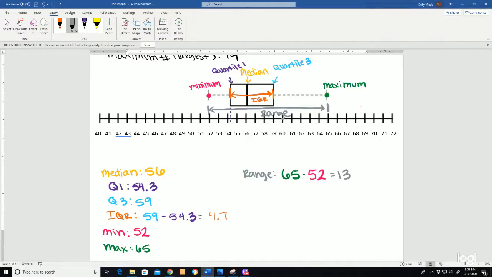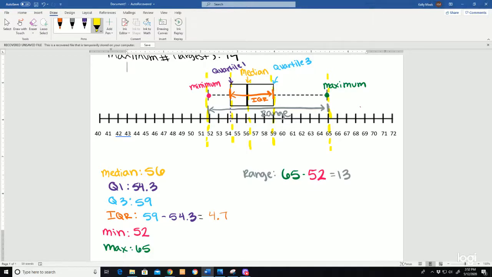We can also see how spread out everything is. For example, if I wanted to look at this graph and see how spread out everything is, remember I can divide my entire graph into 4 sections, each section representing 25% of the data. And when you draw these lines like this, it really helps you see how big the different sections are.